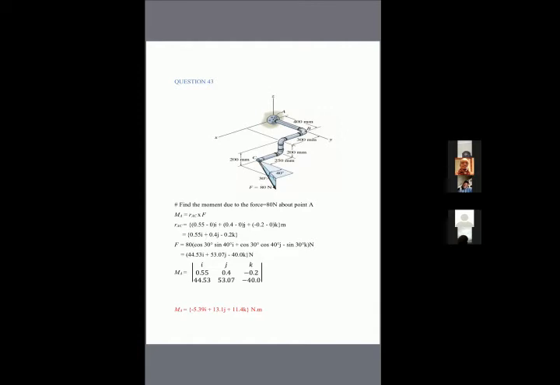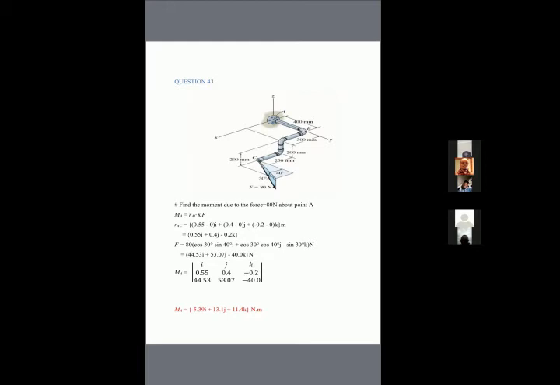Then the second row should represent the coefficients of the i, the j, and the k of the RAC. Then the third row gives us the coefficients of the force. The coefficient of j was 53.07, coefficient of k was negative 40.